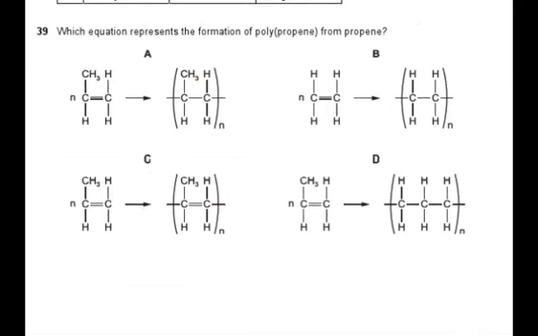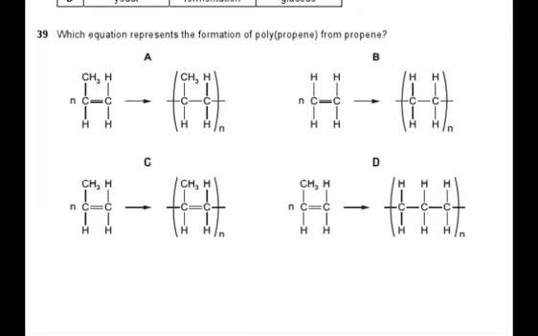Okay, number 39. Which equation represents the formation of polypropene? So this is propene. Propene to polypropene, they will break this double bond and form a single bond on every side.